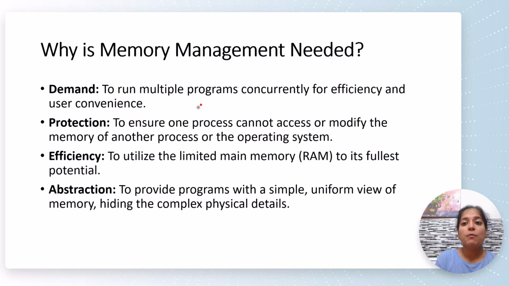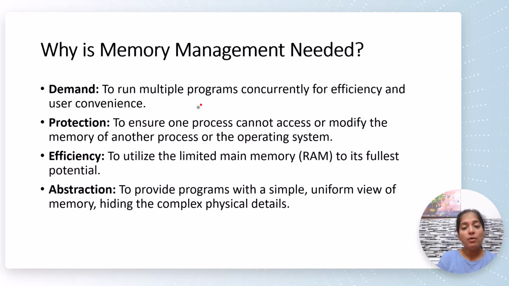So why is memory management needed? There are multiple programs in the computer's memory which can run simultaneously. When we are trying to run multiple programs concurrently, we need to run them efficiently so that one process cannot modify or access the memory space taken by another process.